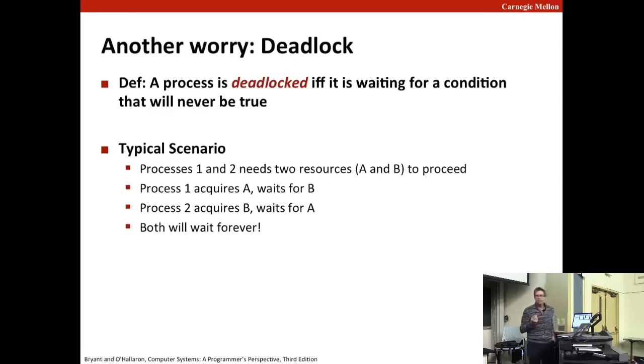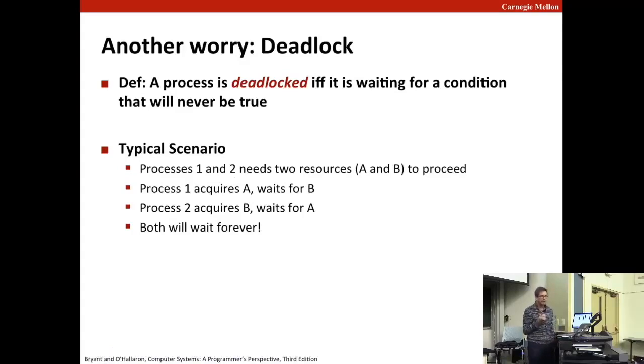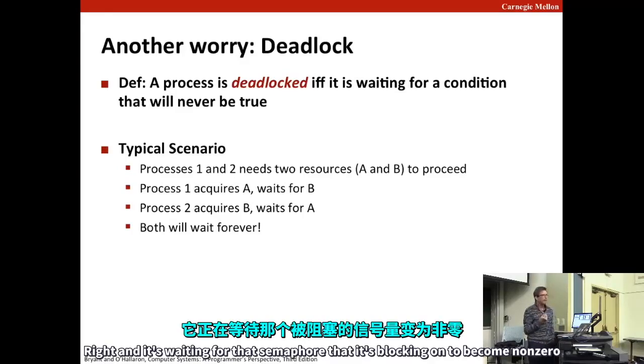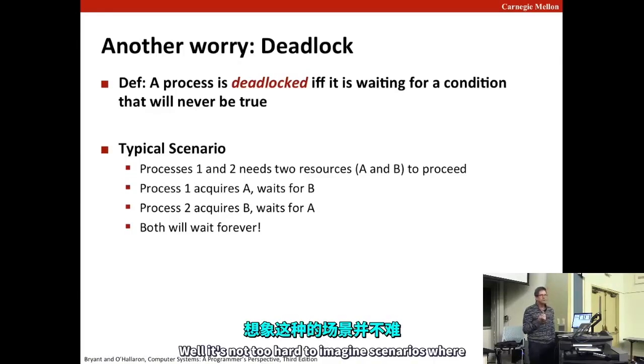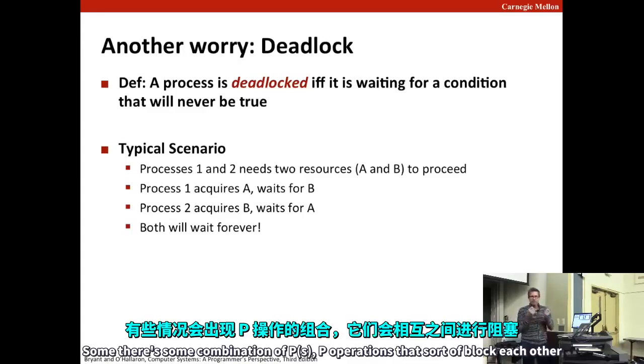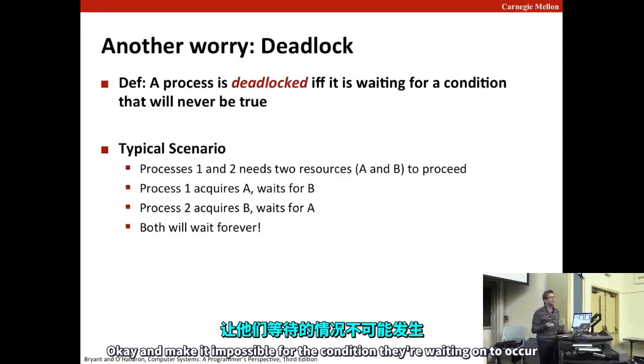The P operation is a potential problem because it blocks, and it's waiting for that semaphore that it's blocking on to become non-zero. Well, it's not too hard to imagine scenarios where there's some combination of P operations that block each other out, and make it impossible for the condition they're waiting on to occur.